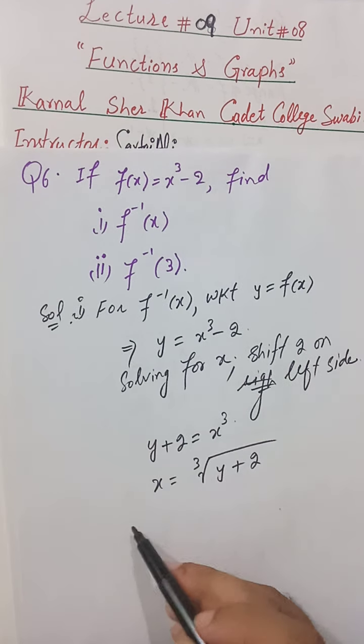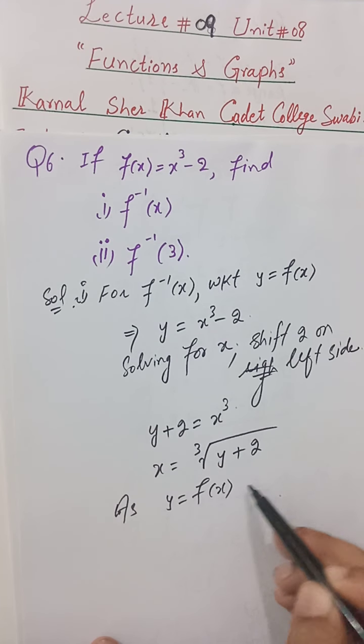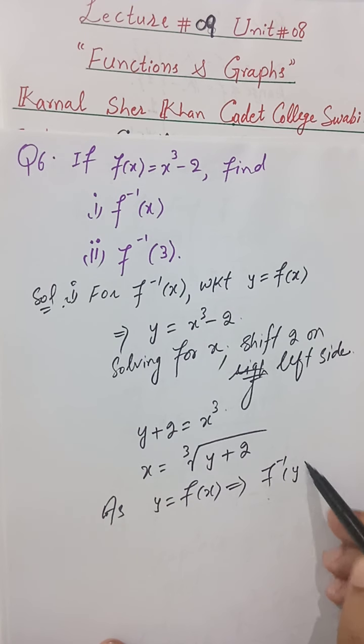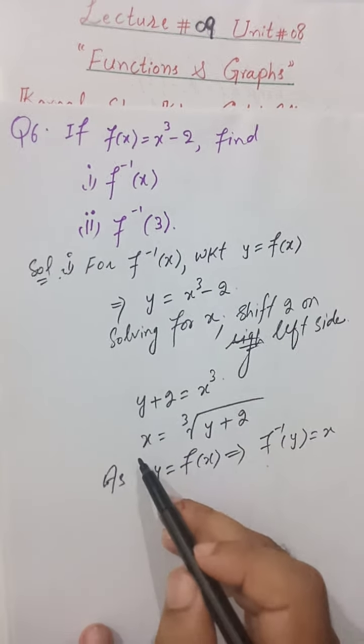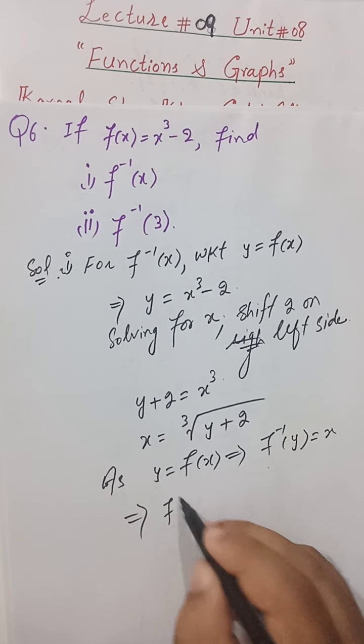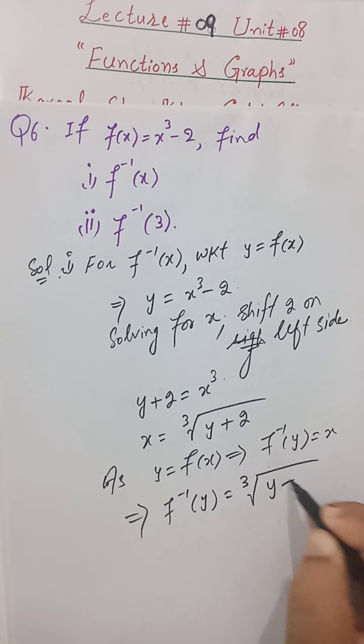Now you know that y is equal to f of x, so this implies that f inverse of y is equal to x. So replace this x by f inverse of y. This implies that f inverse of y is equal to cube root of y plus 2.